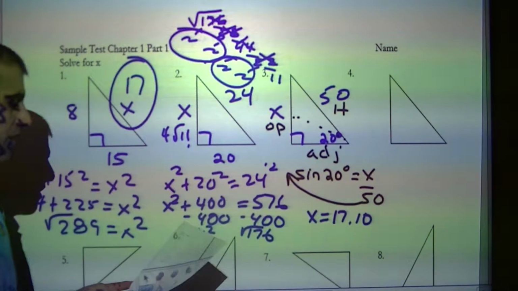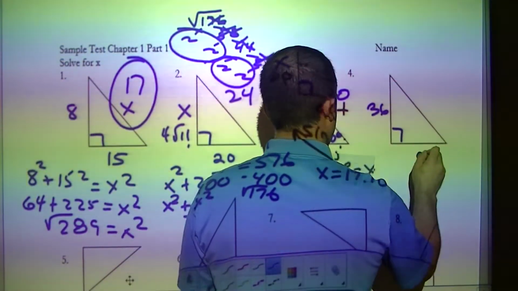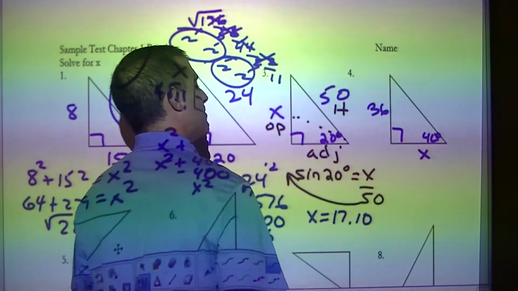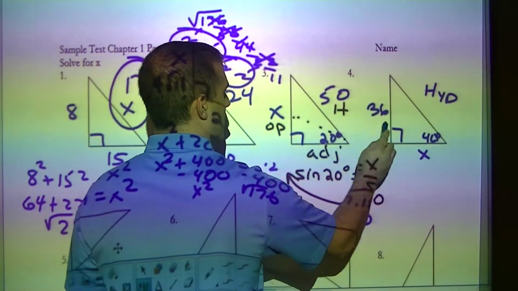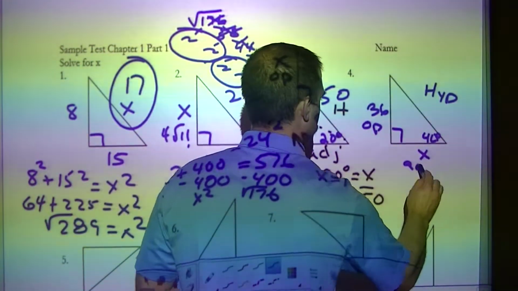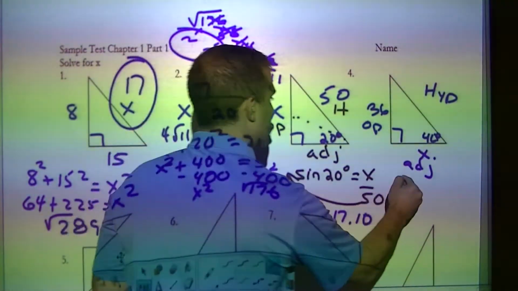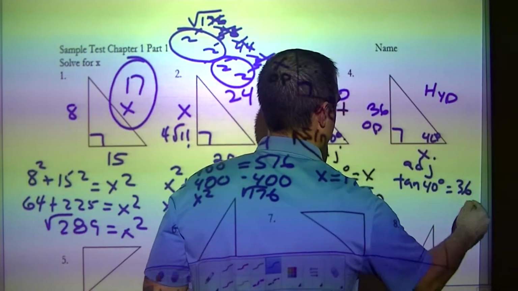Okay? Moving on to number 4, I've got 36, I've got x, and I've got 40 degrees. Once again, labeling off of this, this is the hypotenuse. The diagonal over here is opposite, this is the adjacent. So the 2 letters I have information for are opposite and adjacent, which is tangent. So tangent of 40 degrees equals 36 over x.